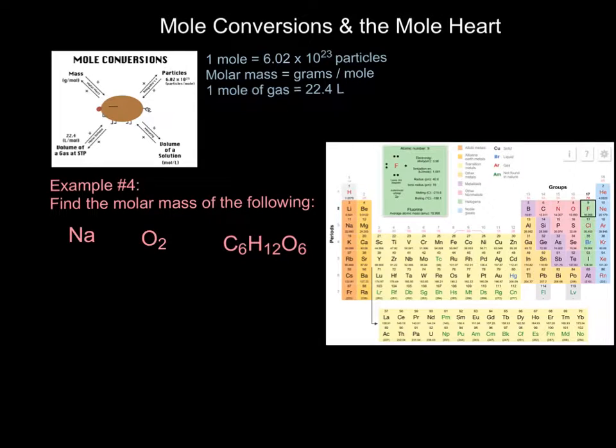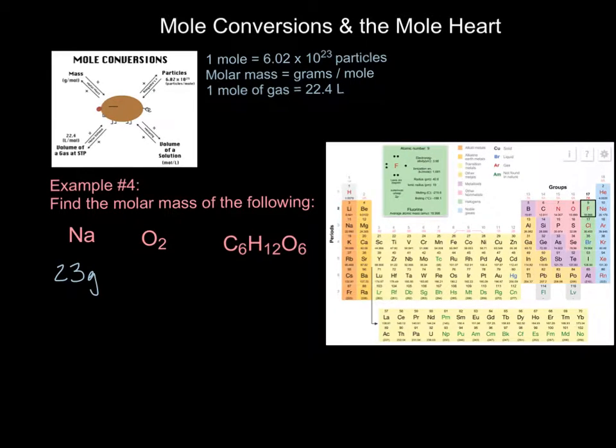So the mass of 1 mole of sodium is equal to its atomic mass in grams. So we can actually round up. The mass of 1 mole of sodium is 23 grams, because its atomic mass is 23, or 22.99 atomic mass units.